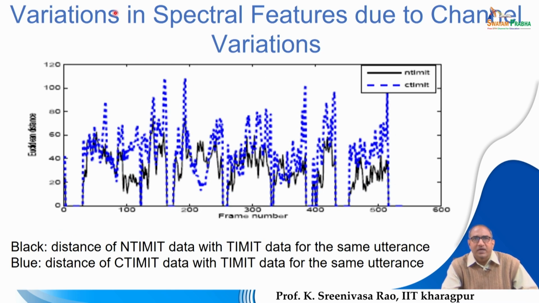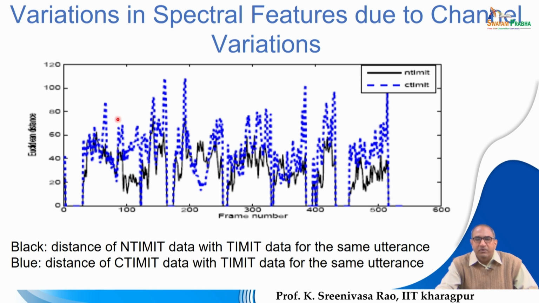But if you try to analyze the same thing here, this particular plot shows two utterances uttered by the same speaker, but here we considered the features extracted from the vocal tract. The two utterances are from N TIMIT and C TIMIT, but both were uttered by the same speaker.